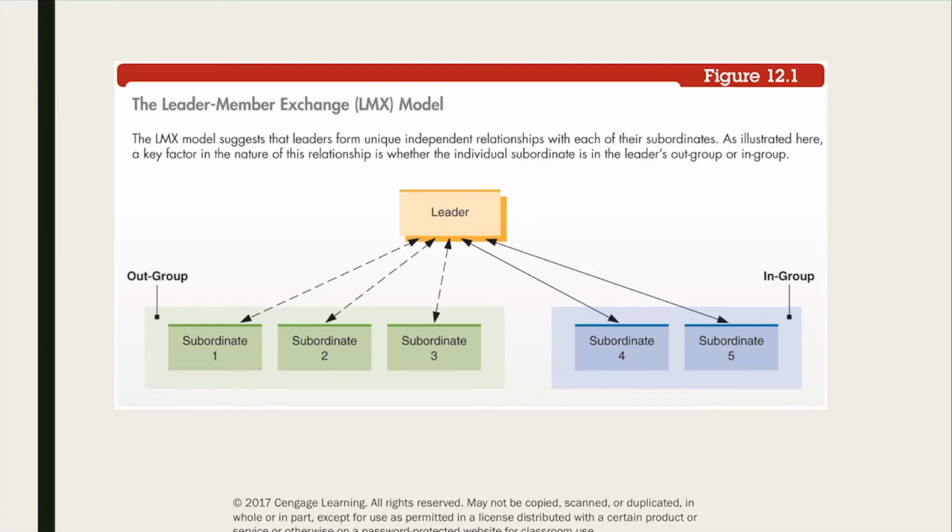There's the pastor who has people he naturally has a rapport with, and there are other ministers and staff members he may not have that chemistry with. So all of these things come into play when you're looking at the leader-member exchange.